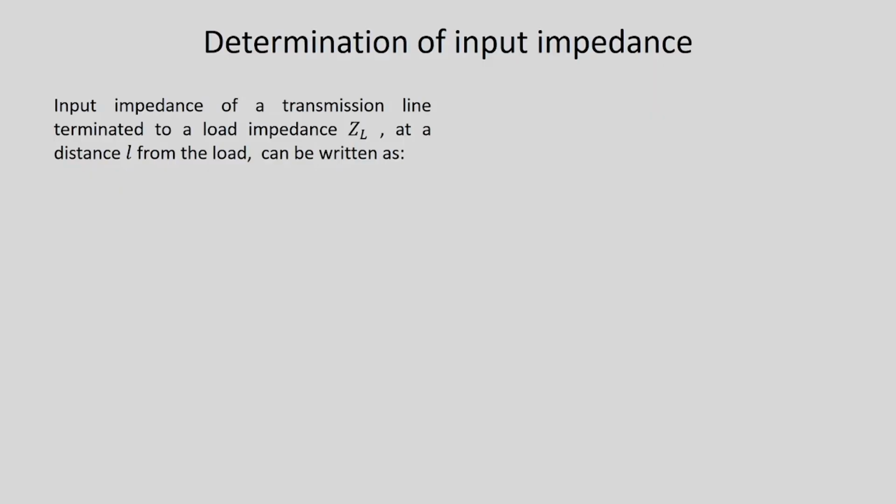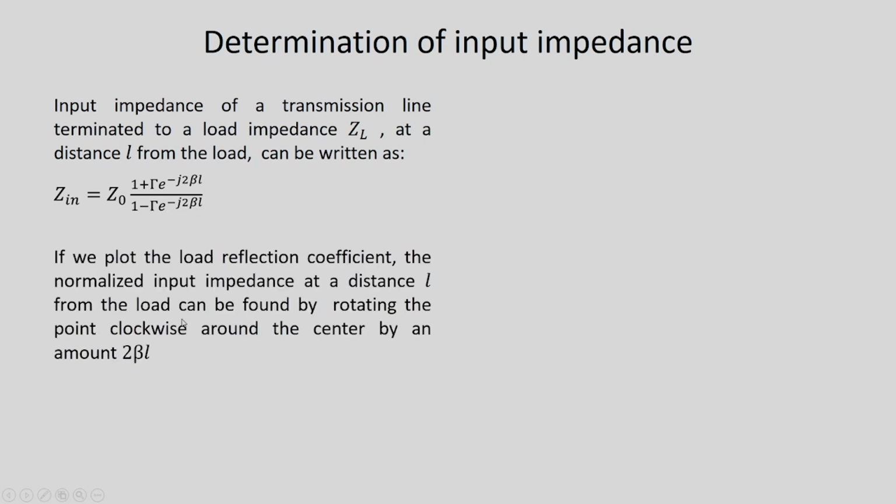So, we know that in terms of the reflection coefficient, the input impedance Z in can be written as Z naught (1 plus gamma e to the power minus j 2 beta L) over (1 minus gamma e to the power minus j 2 beta L).